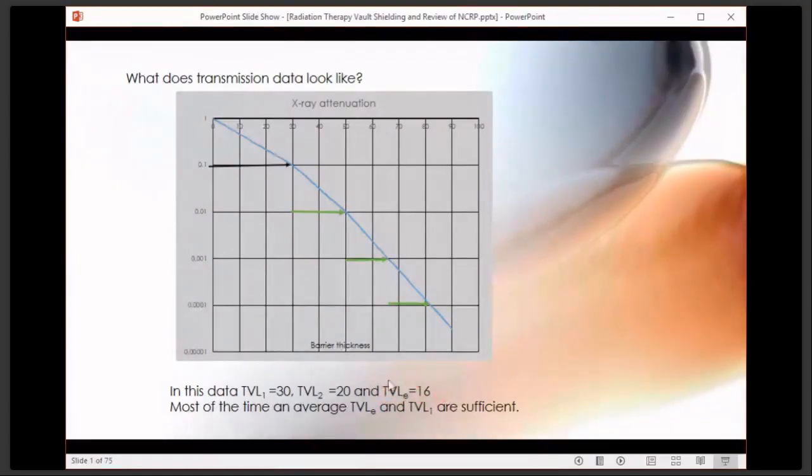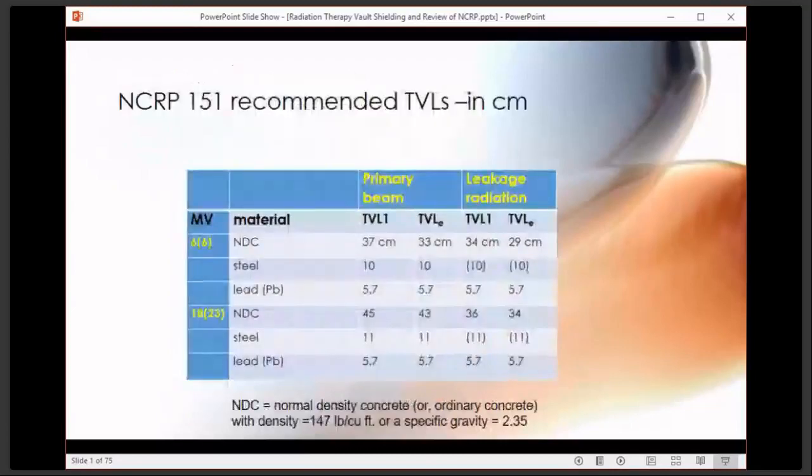And we do our calculations knowing these 2 tabulated values. In some materials and some types of radiation, a single TVL value is good for the whole curve. NCRP recommended values are based on review of all the literature out there and come up with values that are on the conservative side.